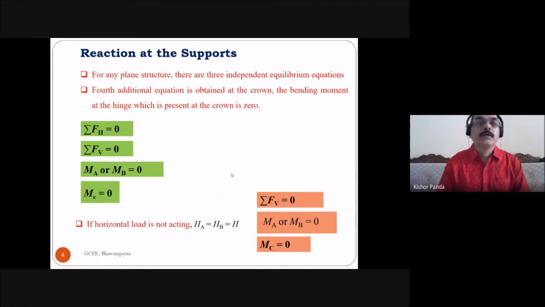Then coming to how to determine the reactions at the supports.